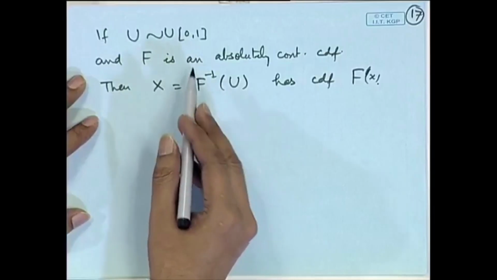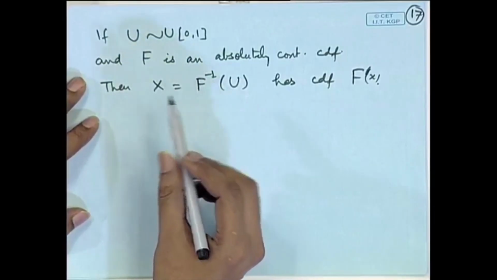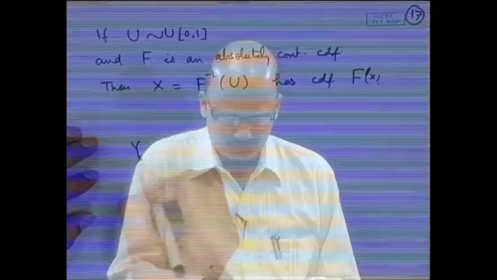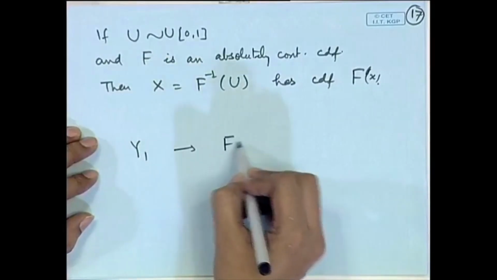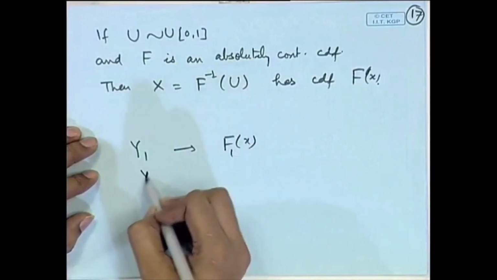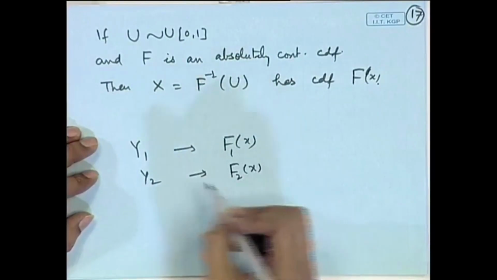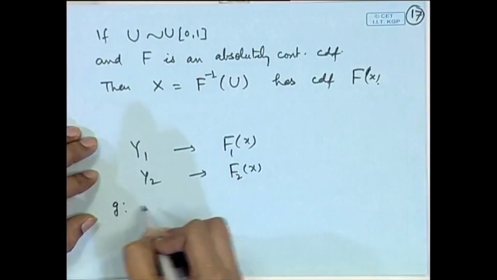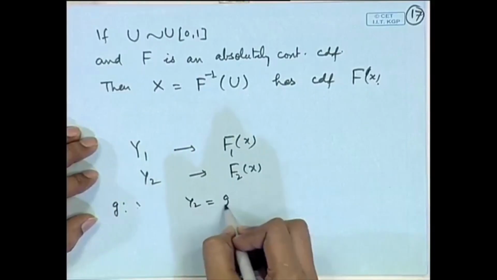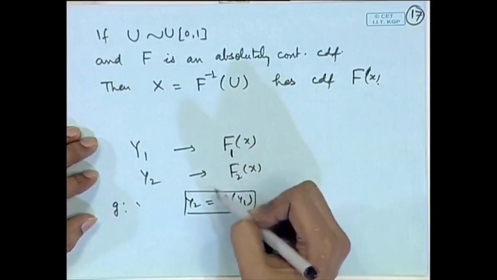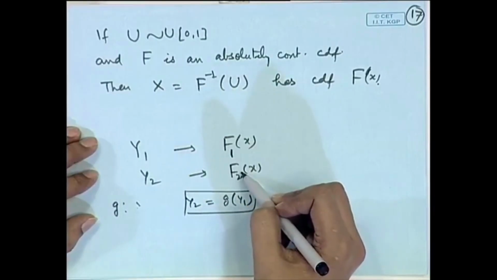Now, this is a very crucial result. First thing is that it connects all the continuous random variables. So, if y 1 is a continuous random variable with some CDF F 1, y 2 is a continuous random variable with some CDF F 2, then there exists a function g such that y 2 is equal to say g of y 1 and the distribution of y 2 will be given by this.